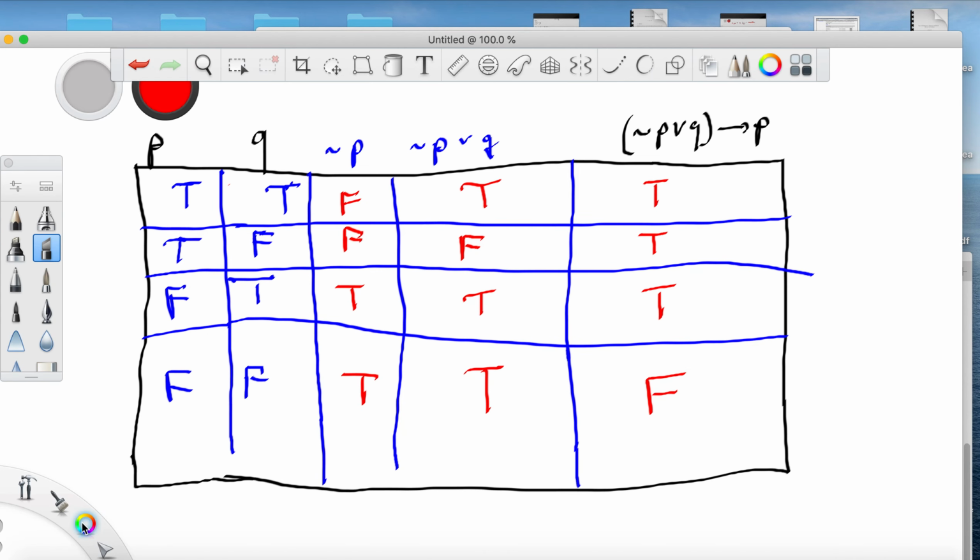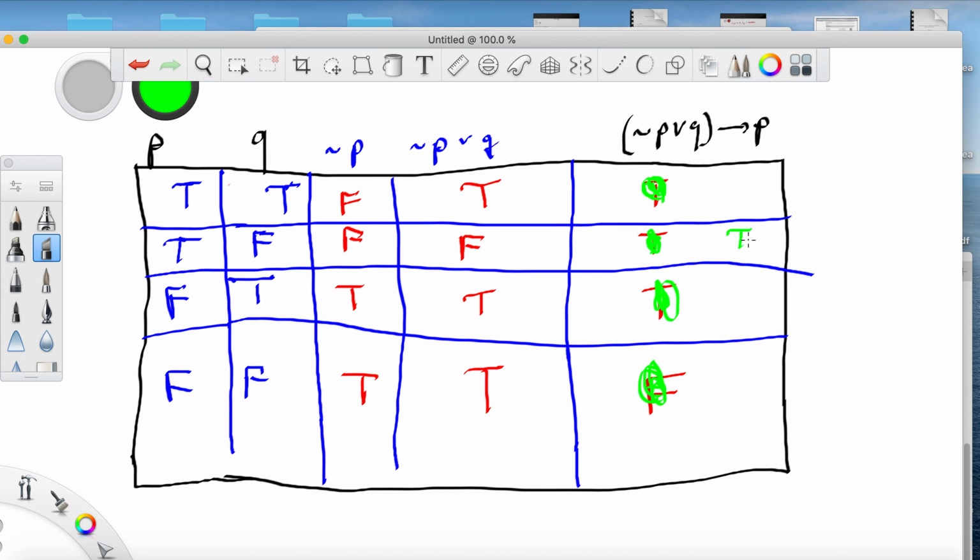I misread this. So let's just redo that because I feel like I may have confused y'all. Let's just redo the last column. Okay, so if the first half is false, the whole thing is true, right? So that's true.